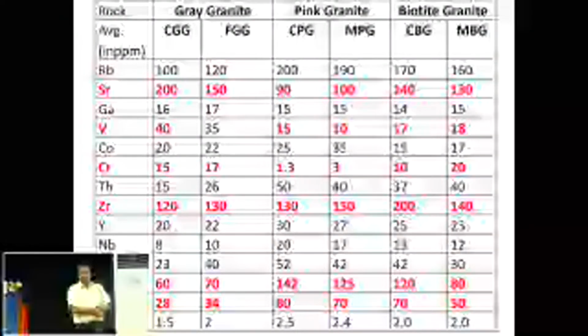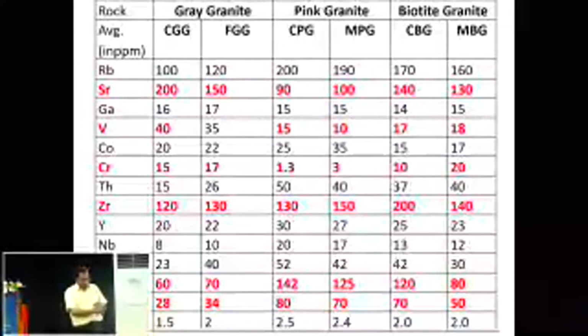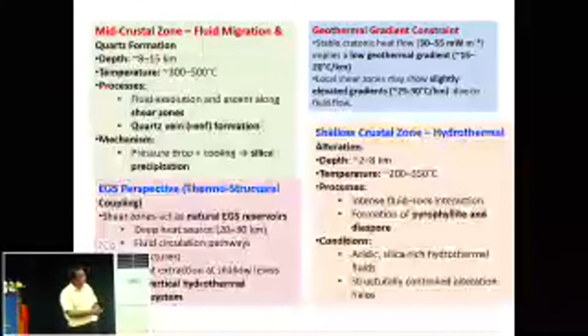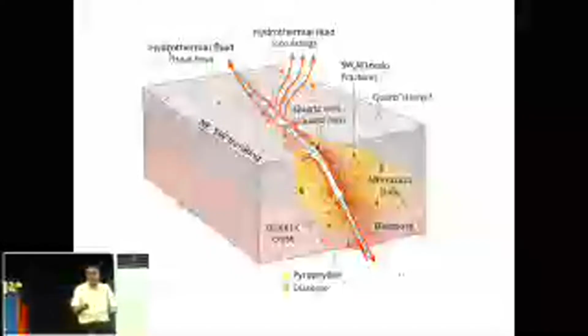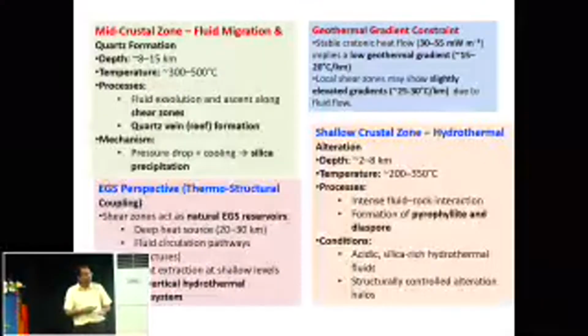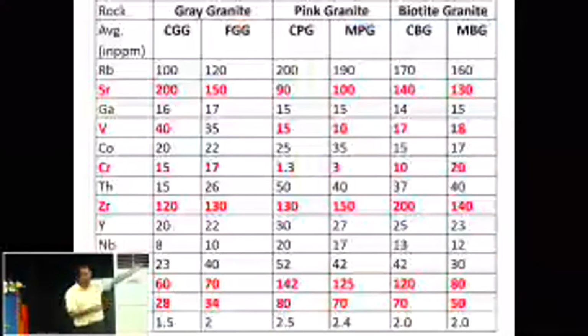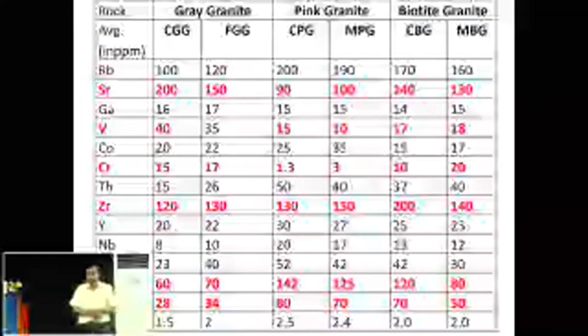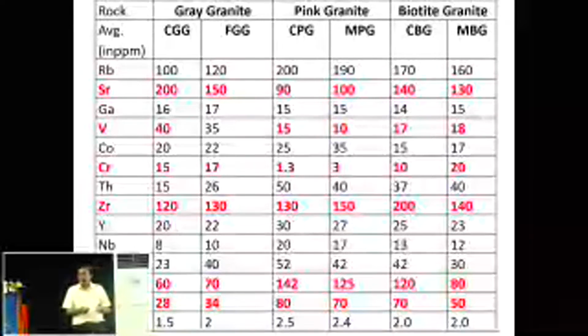This is the value found in the different varieties of the granite. If this system was existing, there is a chance of red color minerals to be enhanced in the quartz reef. We have to relook at the quartz reef again.